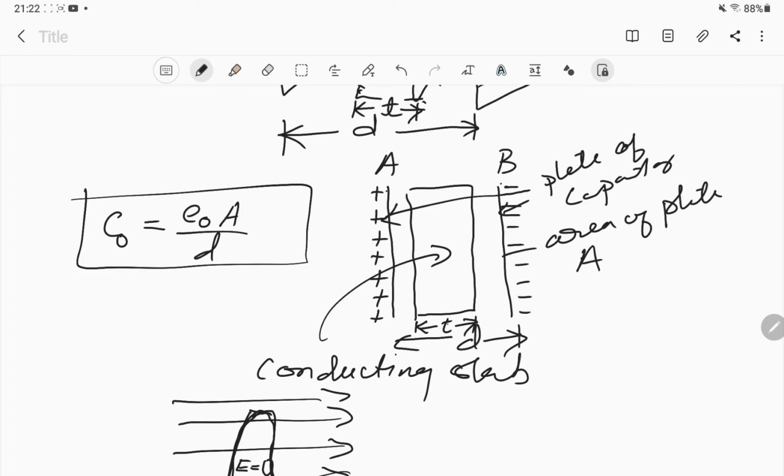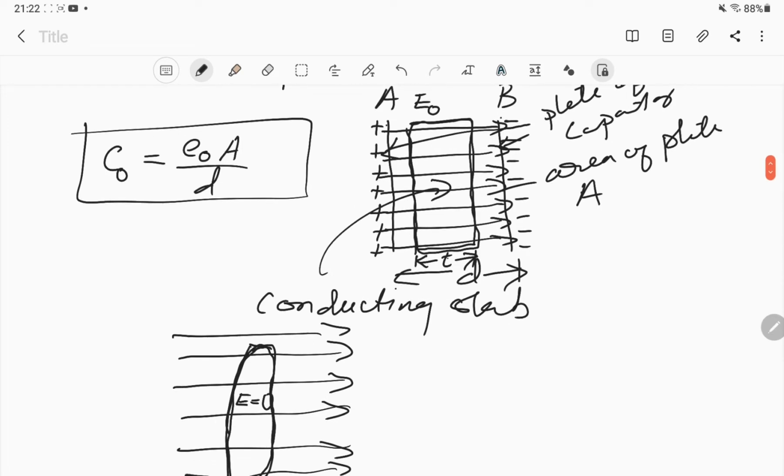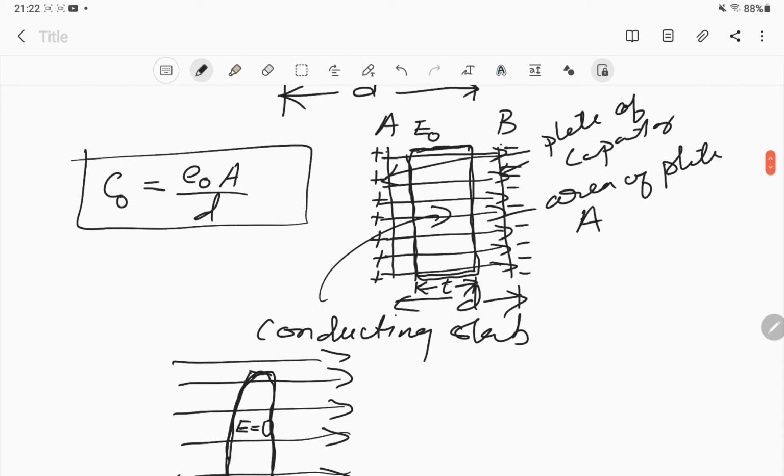So due to this charge, there will be some electric field from positive to negative. Let this electric field be E naught. We have placed a conducting slab inside this electric field, so inside this slab the electric field will be 0, right?